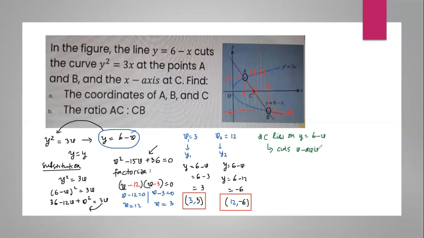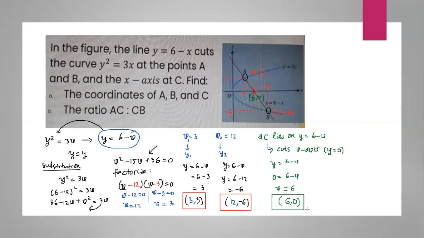What's the meaning? The meaning is y equals 0. So by inserting y equals 0 into y equals 6 minus x, 0 equals 6 minus x, so automatically x is 6. So our coordinate is 6, comma 0.